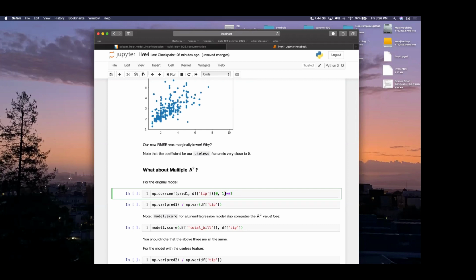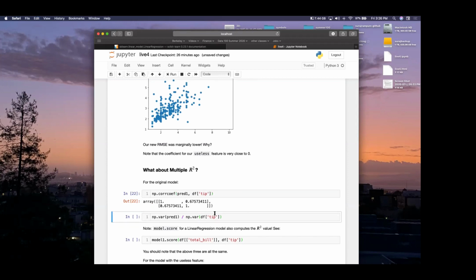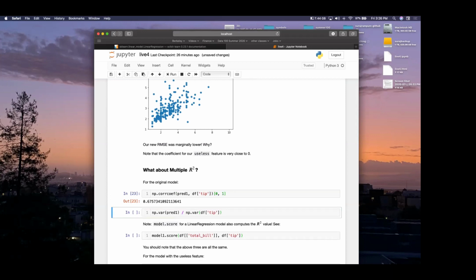As we saw in lecture, if you use NumPy's built-in correlation coefficient method, it gives you a matrix of pairwise correlations. So we're indexing into that just so we get one number. This is the correlation coefficient for those, and when we square it, that's how we define the multiple R squared value.